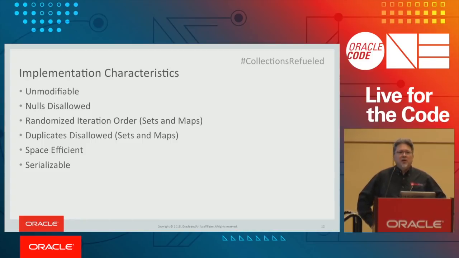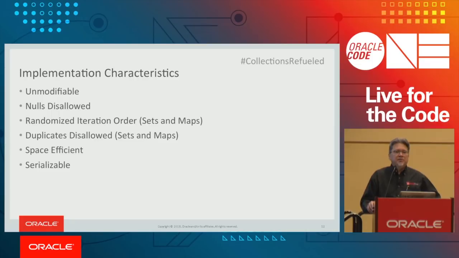If you've been following trends in the industry with functional programming and data parallelism, you'll understand that immutability is a pretty big deal these days. We don't say that these collections are immutable because you can put a mutable object inside of one of these, and the whole thing is still mutable in that case. So we say they are unmodifiable.